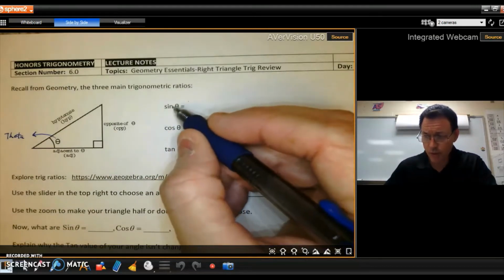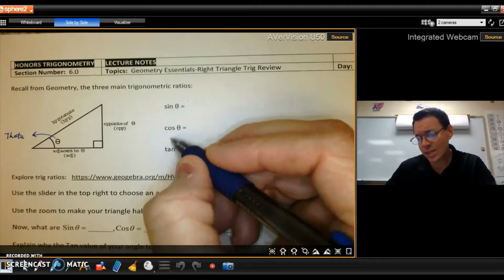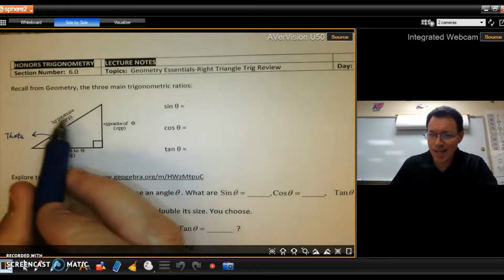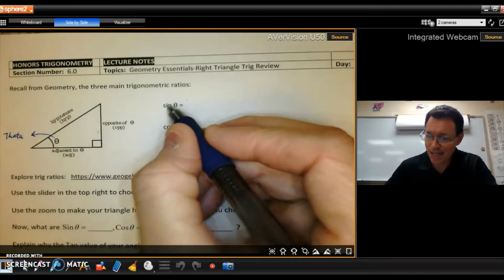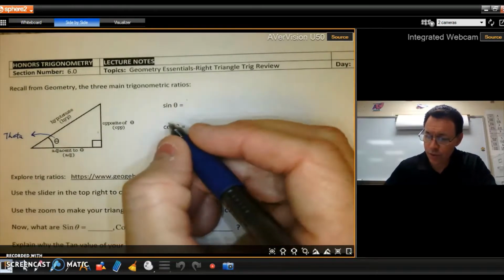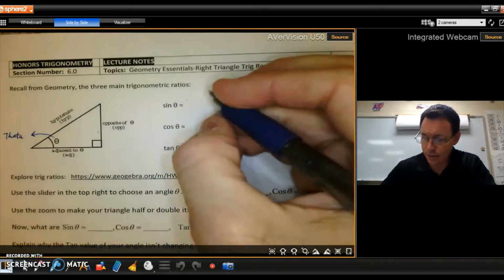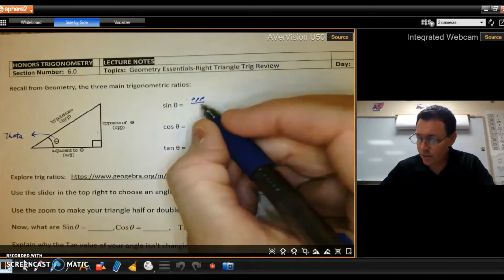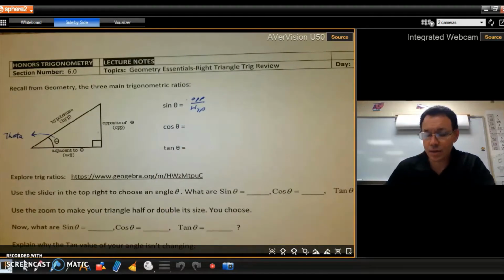In geometry, you learned sine, cosine, and tangent. And these things are the relationships between two sides of the triangle. So, for example, the sine of an angle refers to the relationship between the opposite side and the hypotenuse. It's a ratio. You take the opposite side, you divide it by the hypotenuse, and that's the sine of the angle.